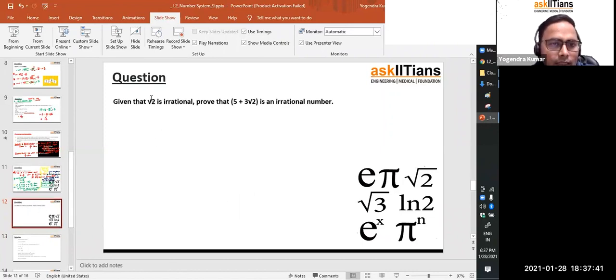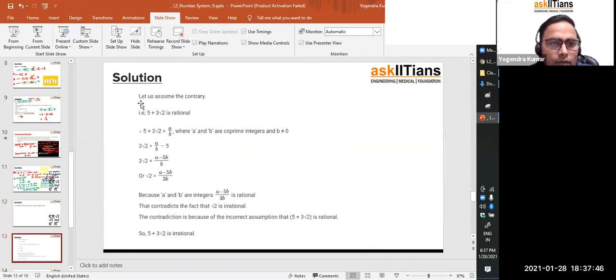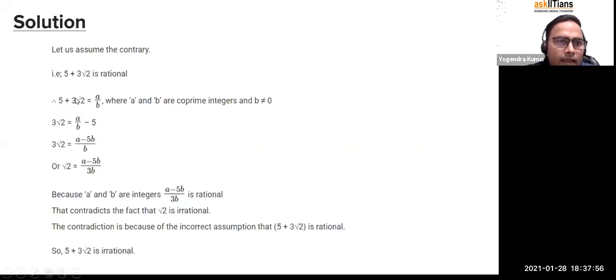As it is already given that root 2 is irrational, we write, okay, let us assume the contrary, that it is rational. If it is rational, what is given to us? We need to remember that this is already given to us. We need to write here the given statement. Given is: root 2 is irrational, right?